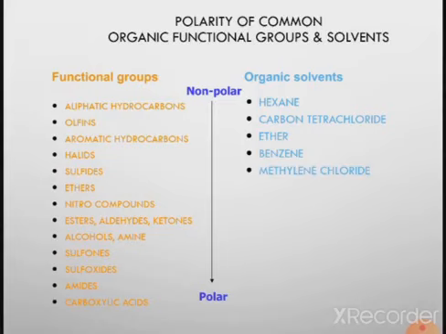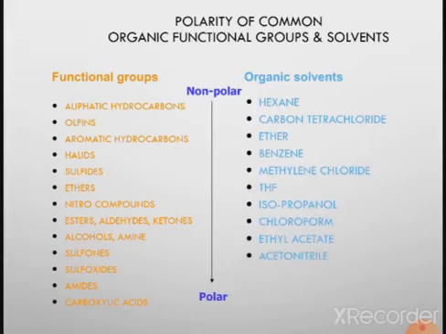So this is all about the different functional groups with increasing polarity and different organic solvents with increasing polarity. So we can choose the functional group and respective solvents to analyze the compounds using HPLC.